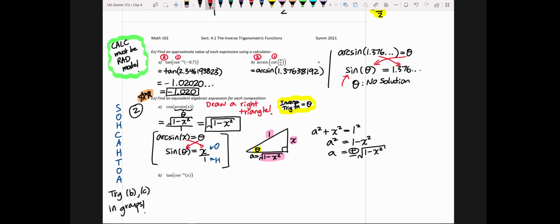So sine of theta is between negative 1 and 1. Remember, the graph for sine of theta oscillates between -1 and 1. So sine of theta can never exceed 1 or go below -1. Therefore, there's going to be no theta value such that sine of theta is a value above 1. So the input for arc sine will always be between -1 and 1 for us to generate a solution. Here, there's no solution, meaning that this expression is undefined.